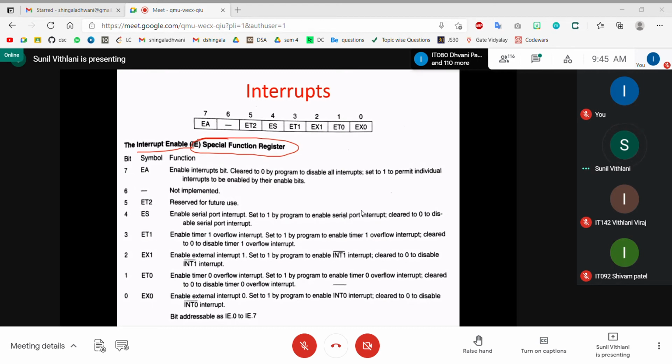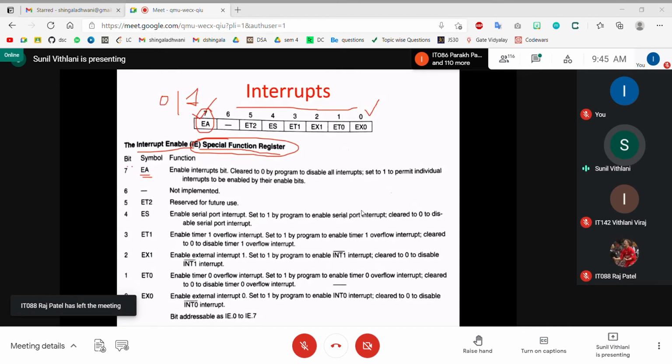This is your interrupt enable special function register, in which we have 8 bits, 0 to 7. This is our master bit. If this is 1, then and only then the other bits will have an effect. If this is 0, then there will be no effect of all these bits. So this is the enable bit, EA.